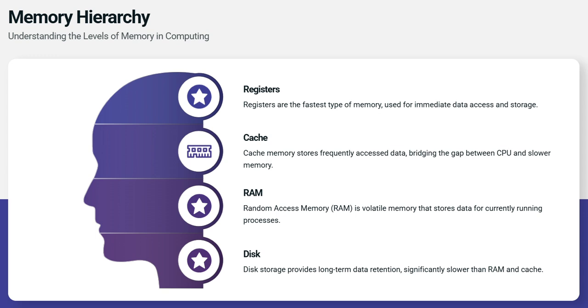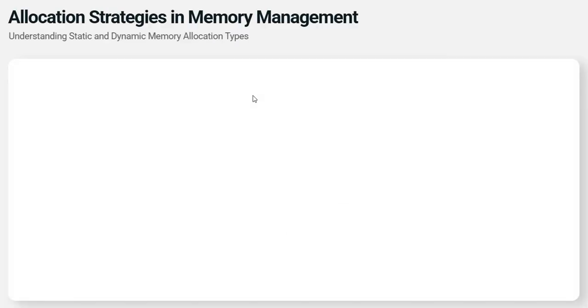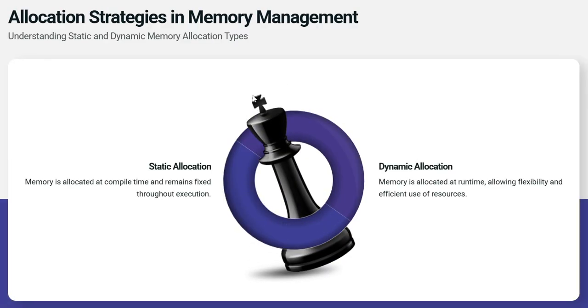So now our next topic we are going to discuss is allocation strategies. Basically, there are two ways to allocate memory. First is static allocation and another is dynamic allocation. From the name itself, it is clear that static happens at compile time, while dynamic happens at runtime.